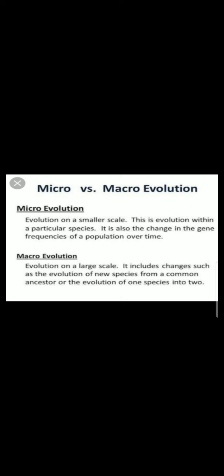This is evolution within a particular species. It is also the change in the gene frequency of a population over time. Whereas macroevolution is evolution on a large scale. It includes changes such as the evolution of a new species from a common ancestor or the evolution of one species into two.